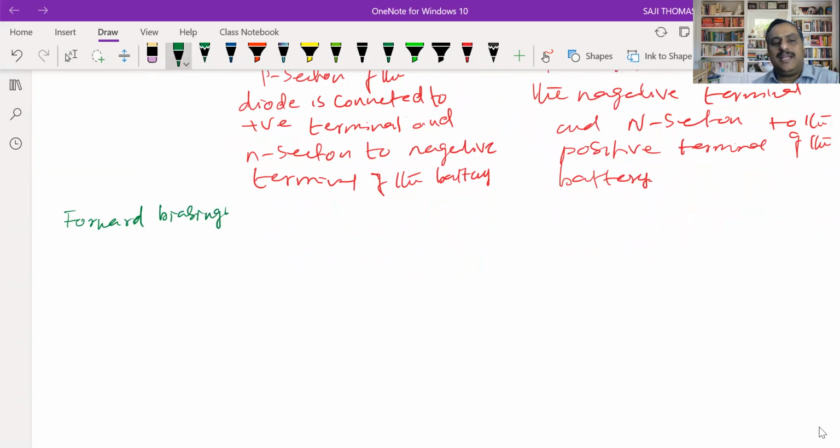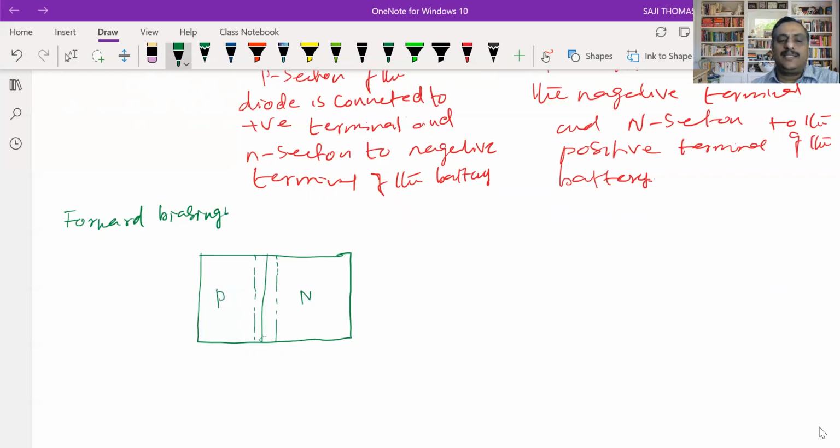So you take a diode, PN junction diode. Here at the central region, there is a depletion layer. P section, N section.